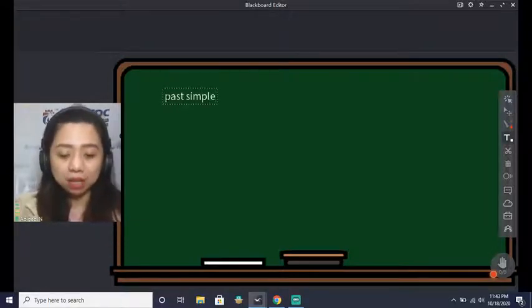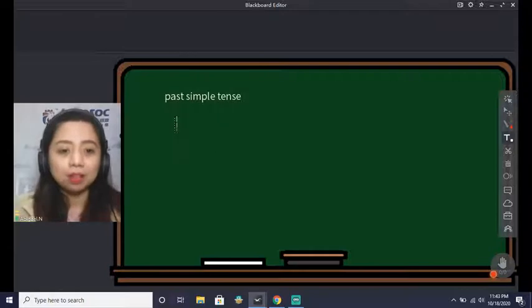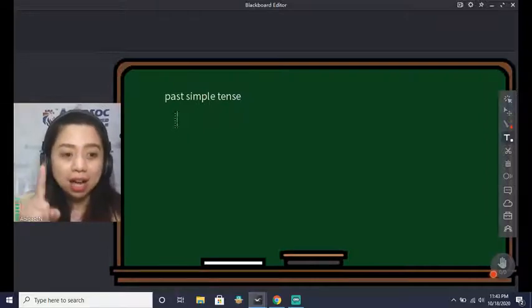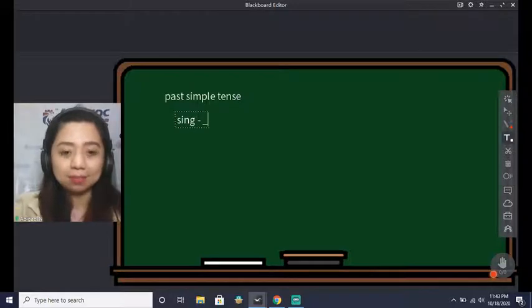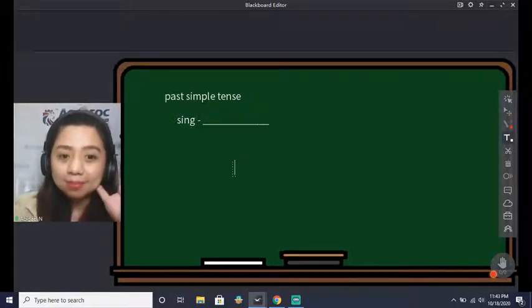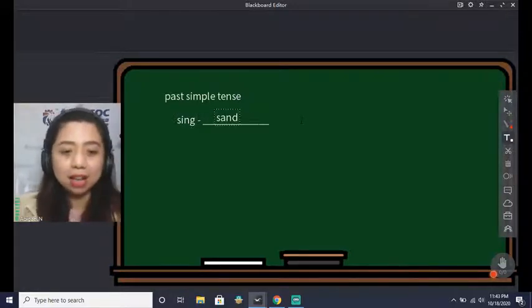Past simple tense. Okay. So remember, in past simple tense, there are regular and irregular verbs. So you should know that, class. Okay. Let's have a short recall. What is the past tense of sing? Of course, it is sang.